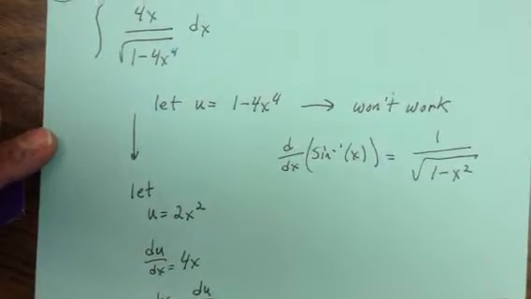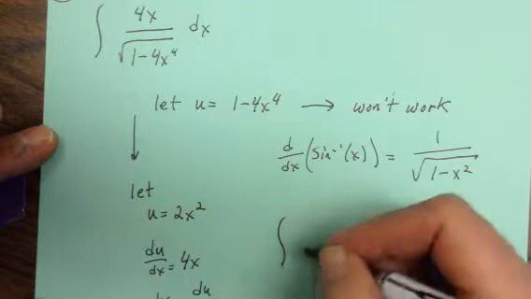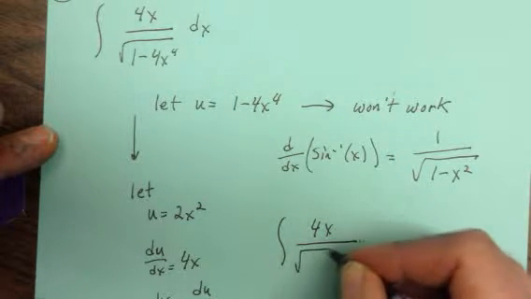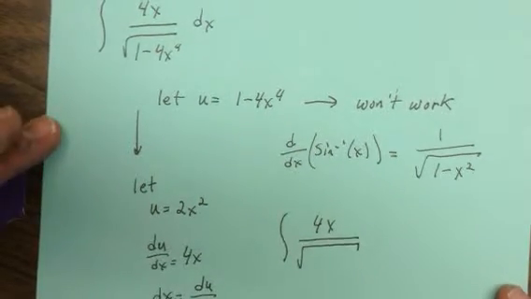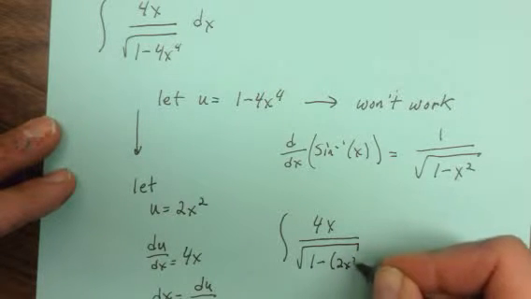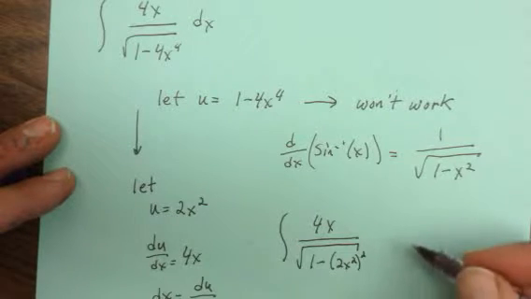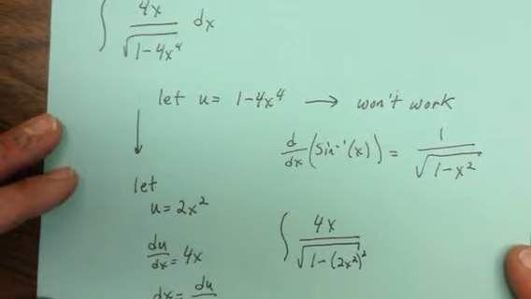Okay. So now I'm going to bring my substitution down here. I'm going to rewrite my antiderivative: 4x over the square root of... Now notice what happens here. The 4x to the 4th is the same thing as 2x squared, squared. Take a second and make sure you understand why that works.